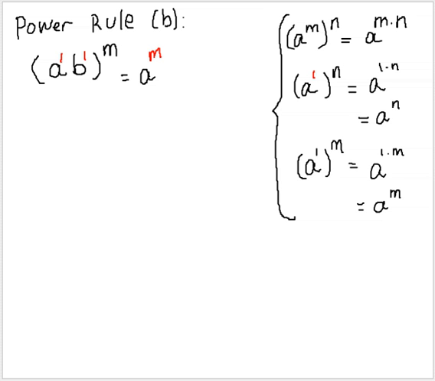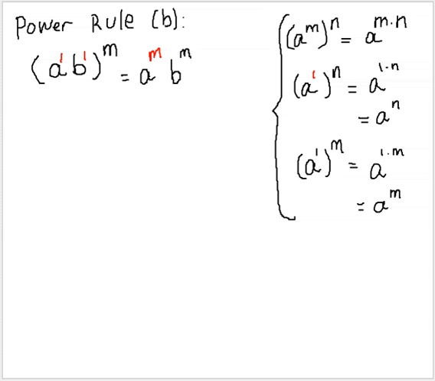And that would be B to the power of, it's like multiplying M times 1 would be M, and multiplying 1 times M here for B, also that would be equal to M. Okay. Rounds up okay for power rule part B.